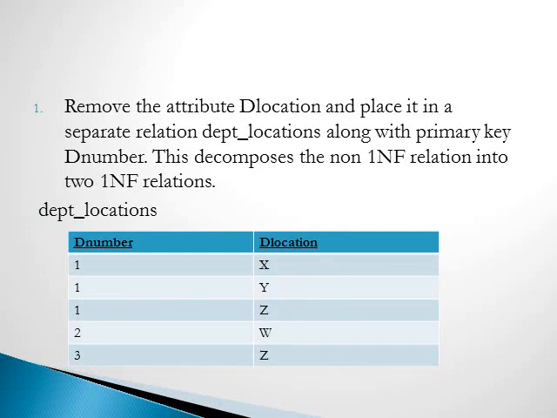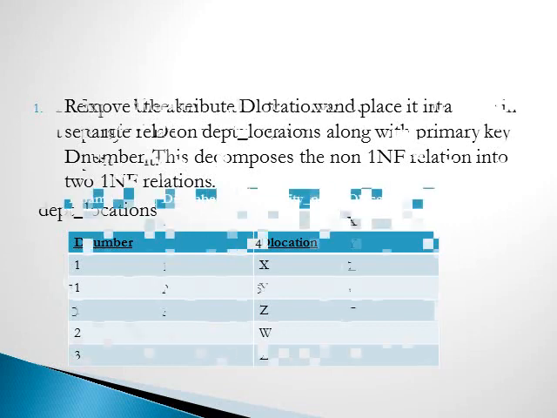First method: we remove the attribute dlocation, which contains multiple values, and place it in a separate relation, department location, along with primary key dnumber. We decompose the department relation into two relations, department and department location.